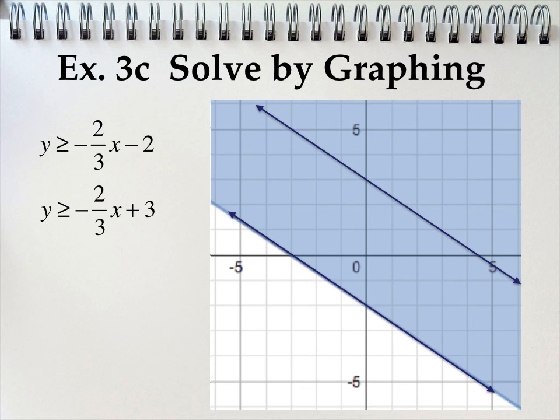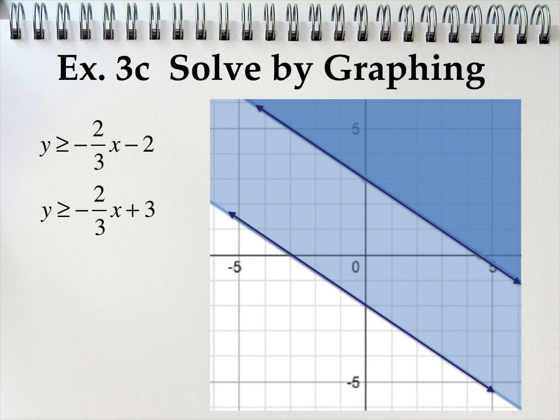And here is the second line with the y-intercept of 3. We're shading above this line. So the solution region is in the dark blue. Any point that lies in that region is a solution to this system of inequalities. If it does not lie in the dark blue region, it is not a solution to the system of inequalities.